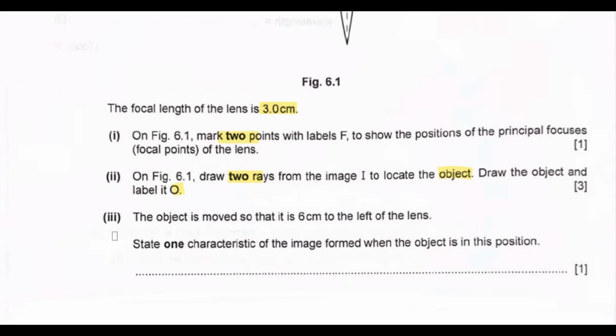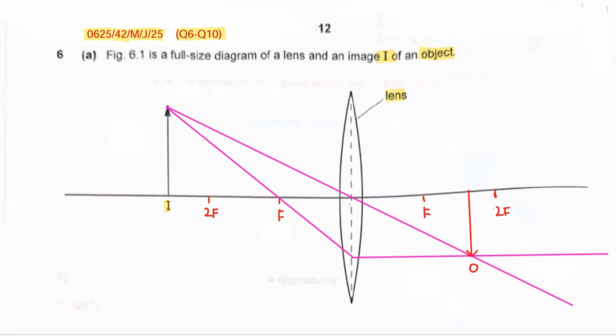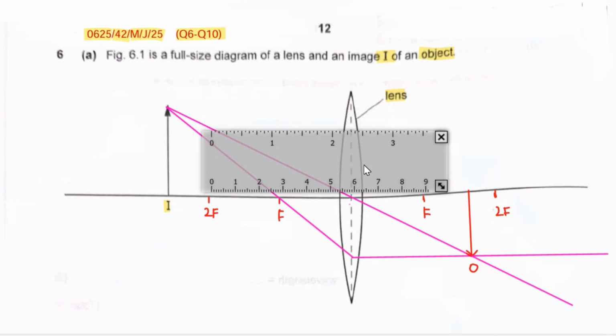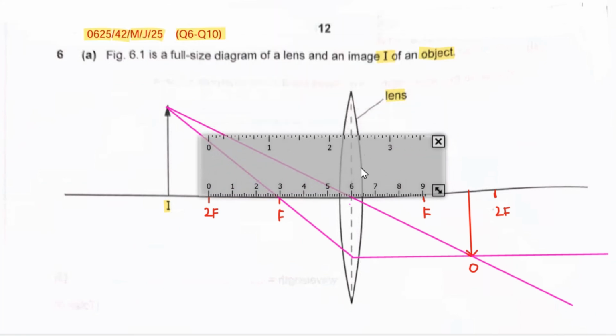Third part of the question says the image is moved so that it is 6 centimeter to the left of the lens. State one characteristic of the image formed when the object is in this position. So we are now moving our object from this position and we will move it to the left side of the lens, and it will be 6 centimeter from the lens.